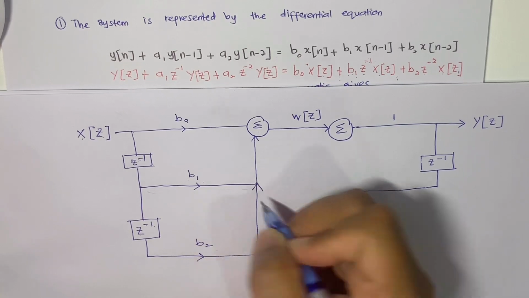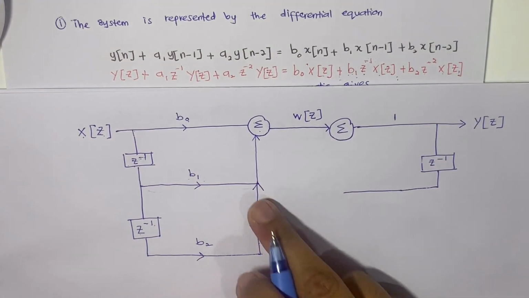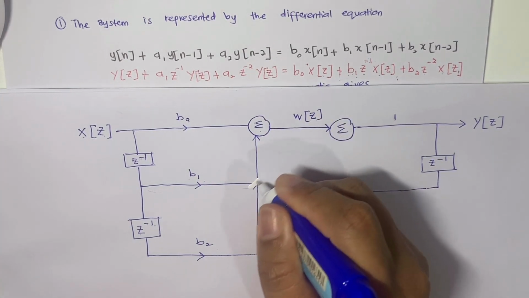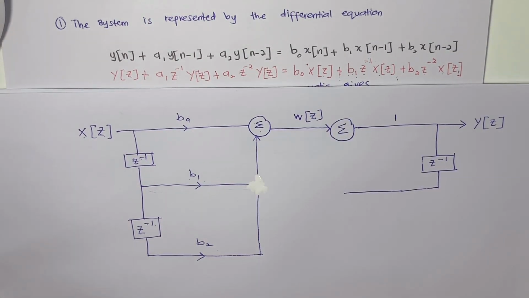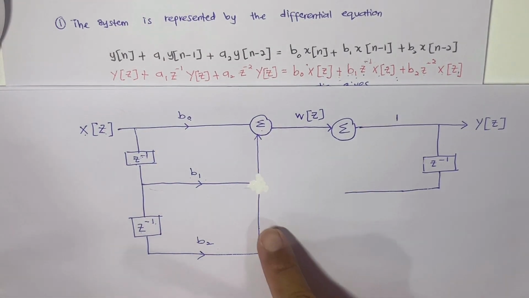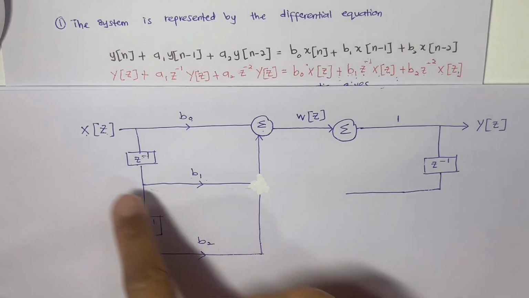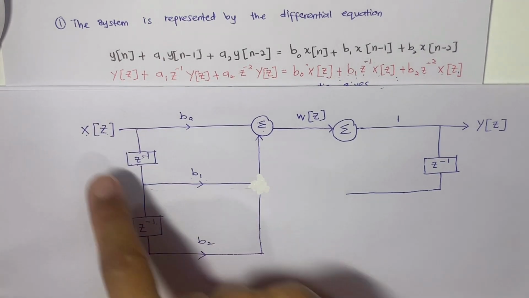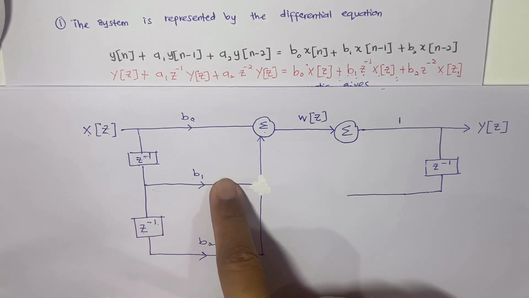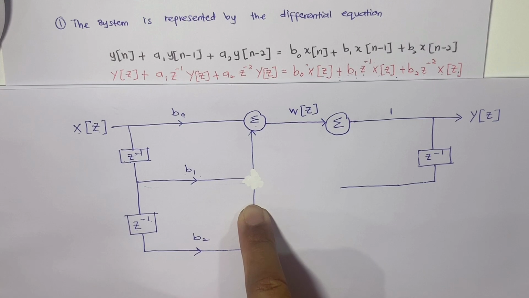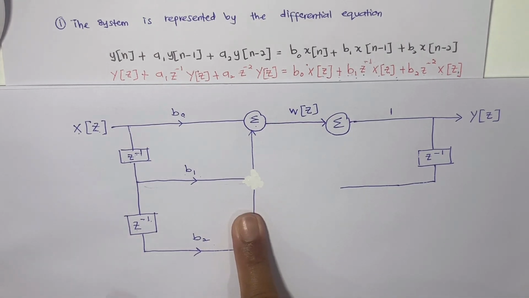I want to do a correction here. At this arrow, you need to put a summation symbol. If you do not put the summation symbol, it is considered as multiplication, so you will multiply this part with this part. That is wrong, so you need to put summation here.